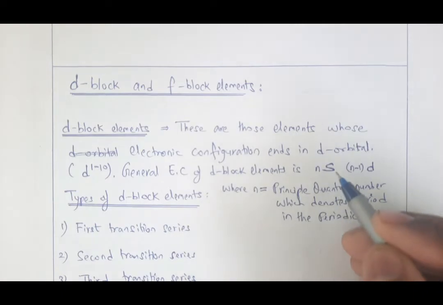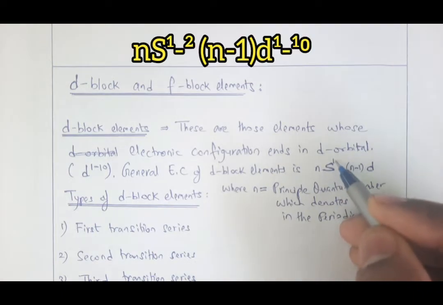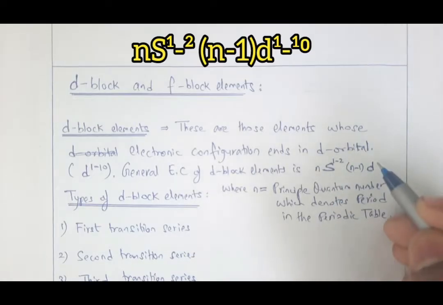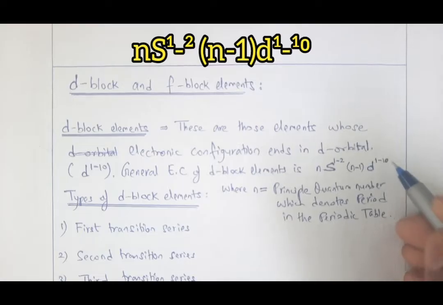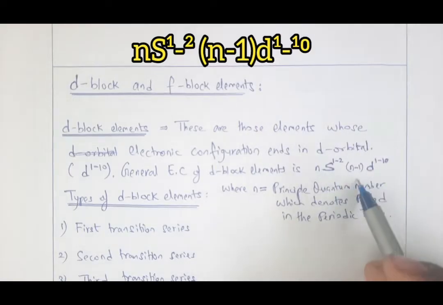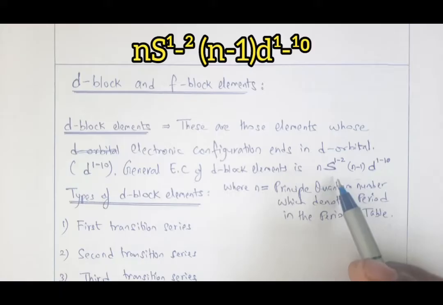Capacity of s is 2, so either it may be 1 or it may be 2. Maximum will be 2 electrons. d capacity is 10, so minimum will be 1 and maximum will be 10 electrons. So this is the general configuration of D block elements, which you have to remember: ns 1 to 2, (n-1)d 1 to 10.